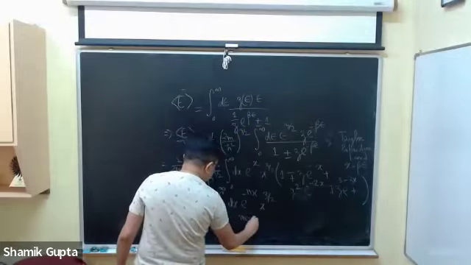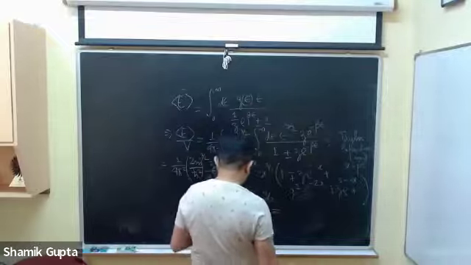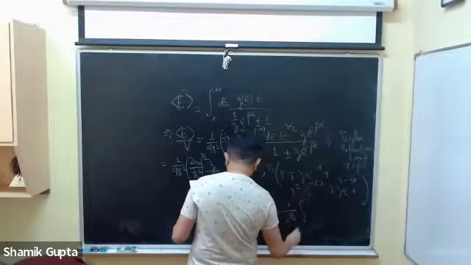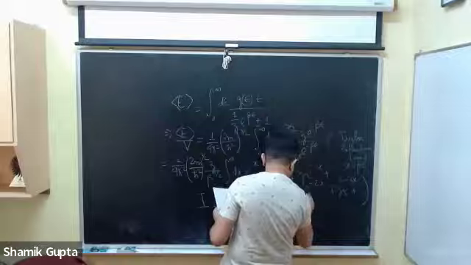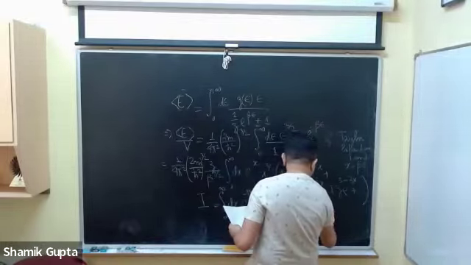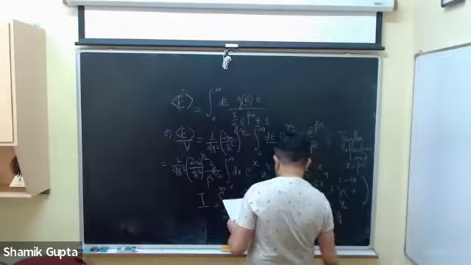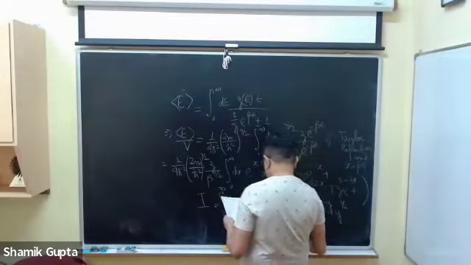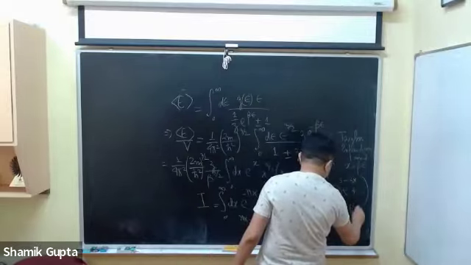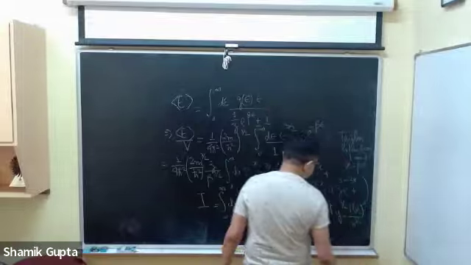If you put in n x equal to y, then this integral becomes equal to 1 by n to the power 5 by 2, integral from 0 to infinity dy e to the power minus y, y to the power 3 by 2. So this now writes as gamma 5 by 2 divided by n to the power 5 by 2.